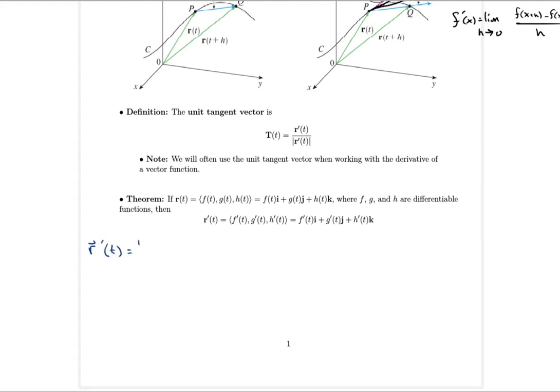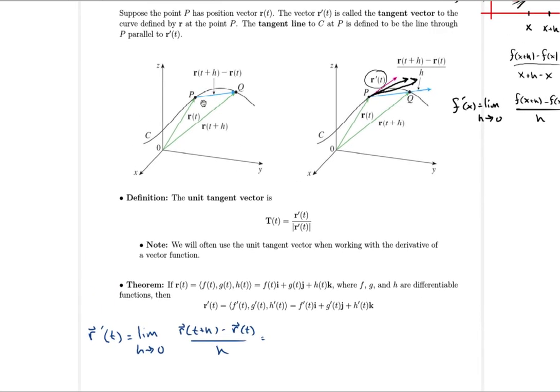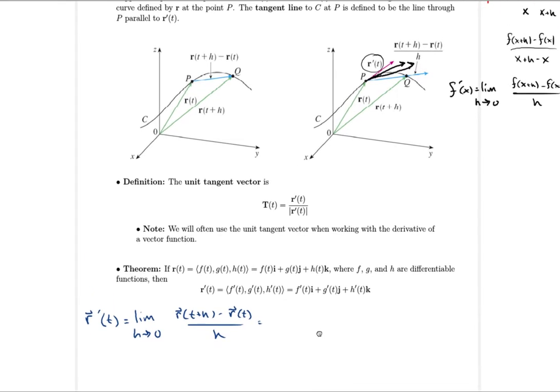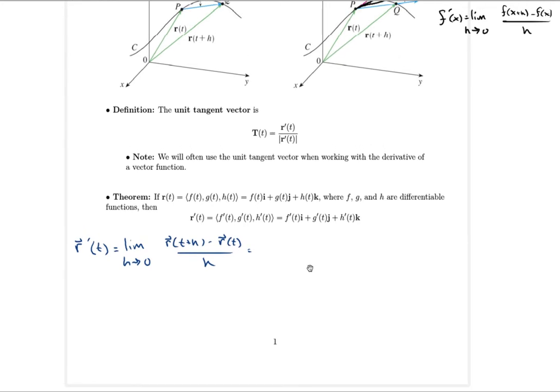we know that that's the limit as h goes to 0 of r of t plus h minus r of t divided by h. Okay, but r of t plus h minus r of t, as you see in the picture, this blue vector, it's a vector. So that means we can express that in terms of a vector.